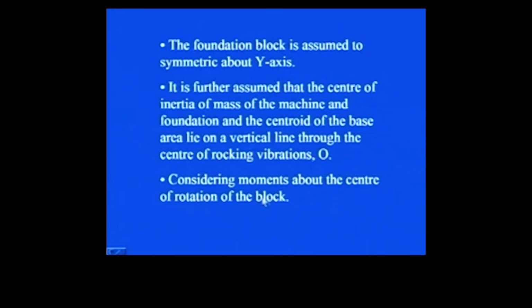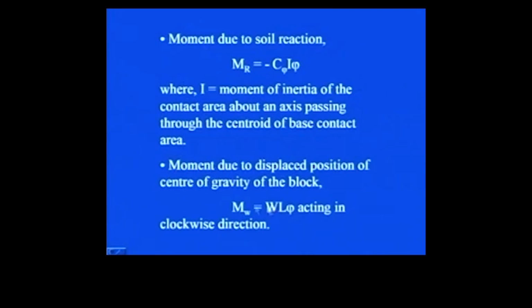Then, considering moments about the center of rotation of the block, we get the moment due to the soil reaction to be equal to minus C phi into I into phi, where I is the moment of inertia of the contact area about an axis passing through the centroid of the base contact area.